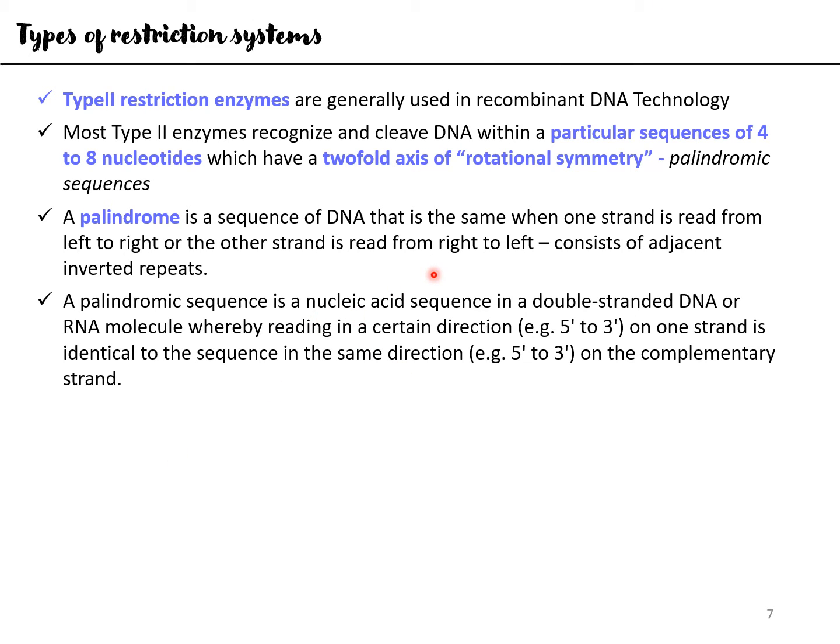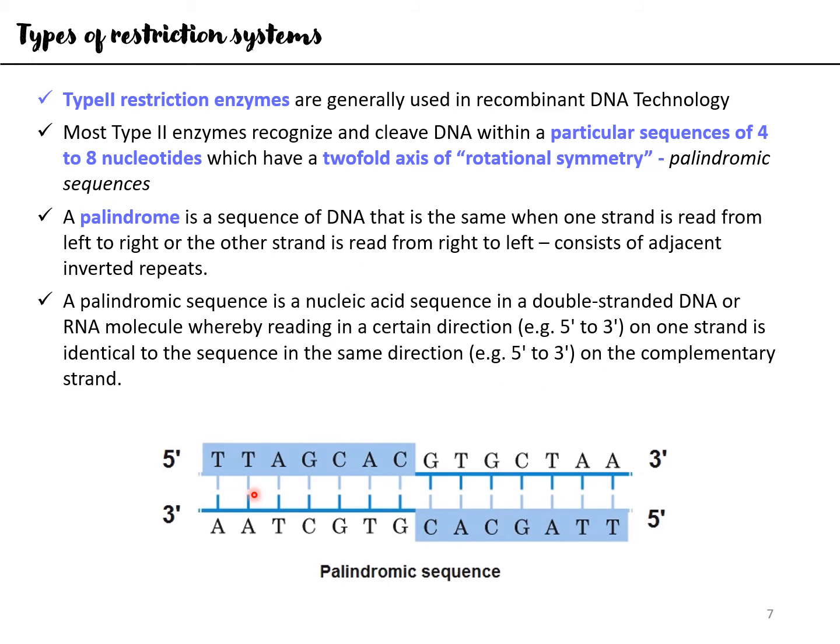So here when we say from right to left on the other strand, that essentially means 5' to 3' on the complementary strand. Why? Because this is the left to right and this is the right to left, which is essentially the 5' to 3' direction of reading the sequence for both the strands. So this is a palindromic sequence.